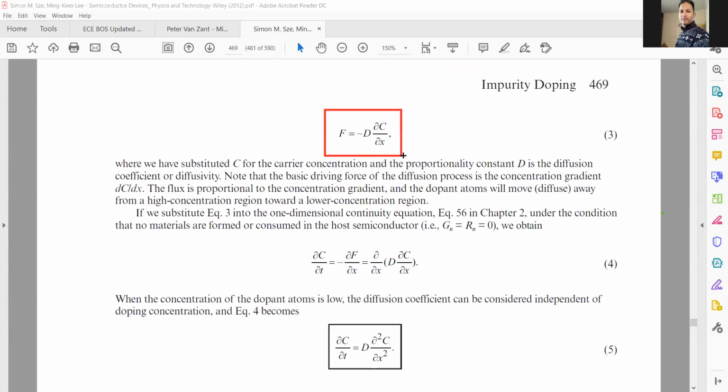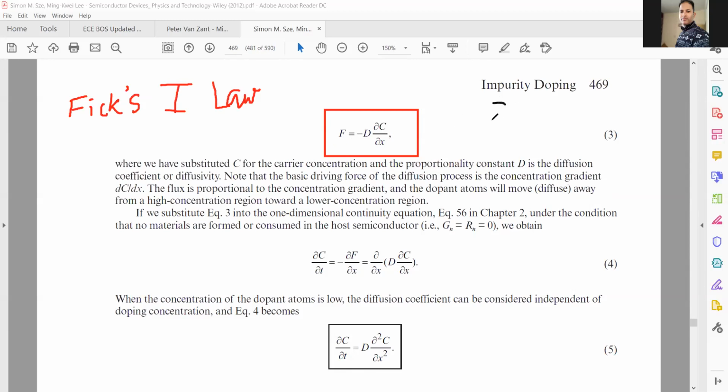Okay, so this equation is basically called Fick's first law. What it says is that the flux of dopant is proportional to the concentration gradient.